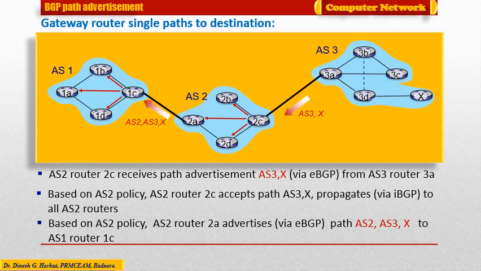And thus AS2 promises AS1 a path towards prefix X through AS2. Hence, by passing this information, AS2 promises to all the routers in AS1 a path to the prefix X through AS2.